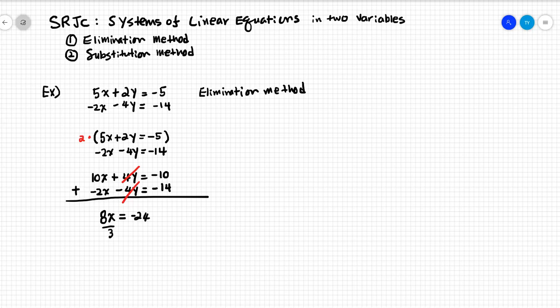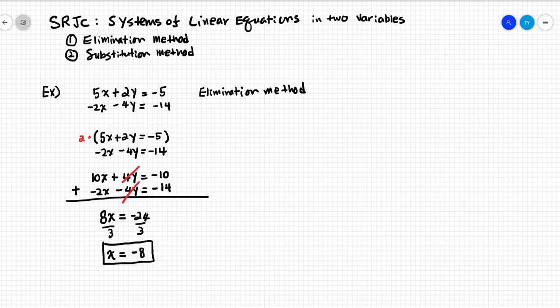And then we're going to divide it by 3. And x becomes, okay, x equals minus 8. That's kind of nice. Then all you have to do is find the y, and you can plug the x value into either one.